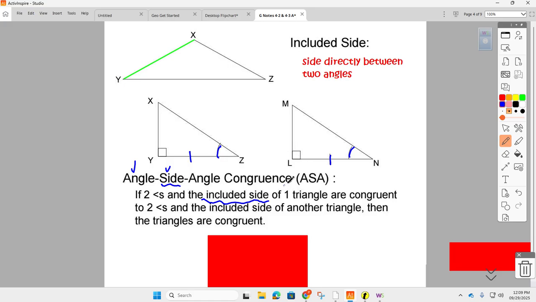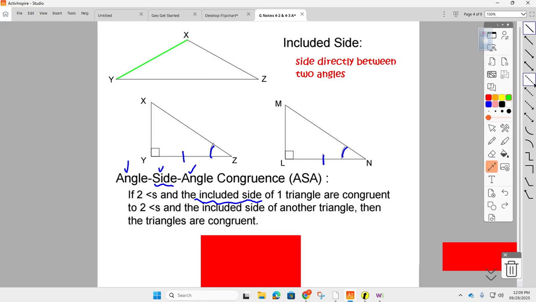The right angles are a measure of what? Right, they're both 90 degrees, so now we have another angle. The question is, this side that's marked congruent in both triangles, is it the included side between our congruent angles? So is YZ the included side between angle Y and angle Z?